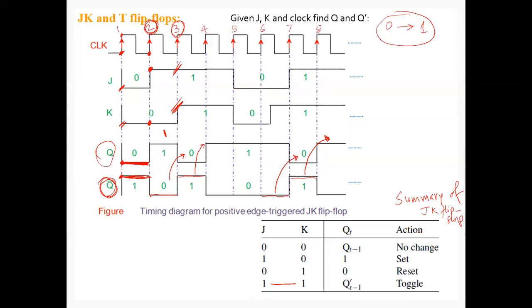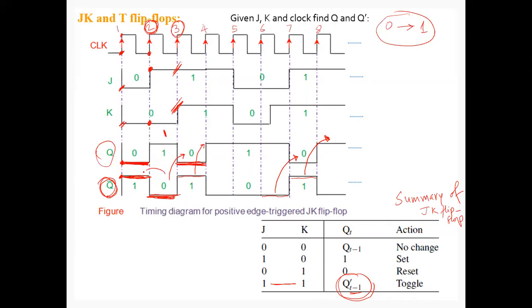Since this is low, this is low. That's called toggle. You just go one step behind on the Q bar side, because this is your Q bar at T minus 1. Go to the Q bar side, one step behind, QT minus 1. Not QT minus 2.